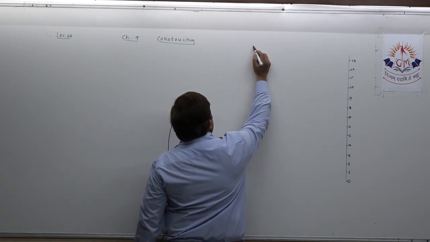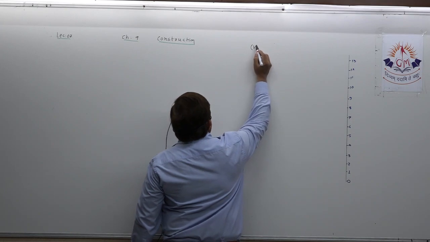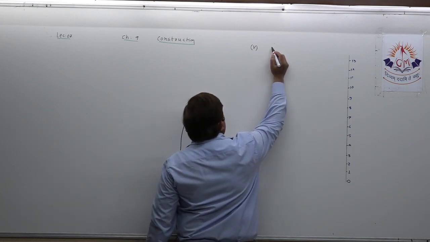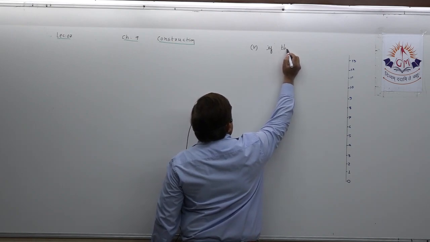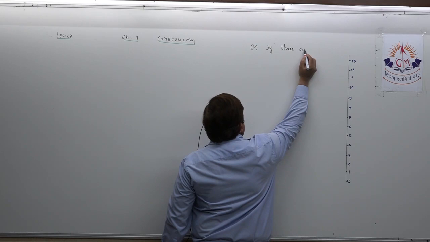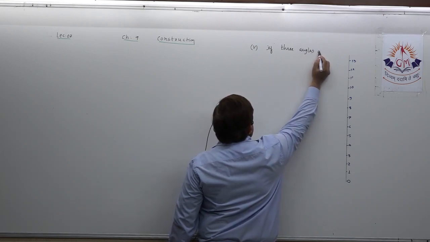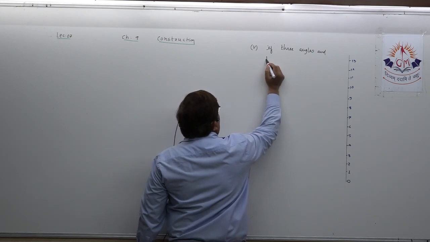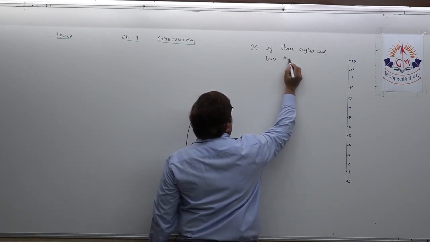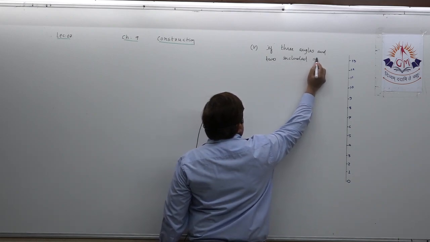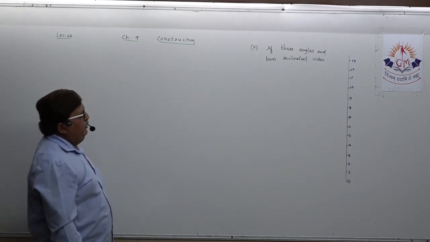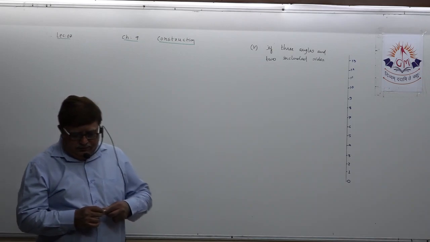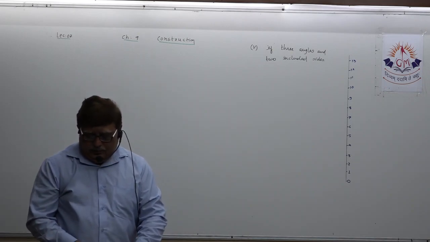Let me mention here the type of construction we are targeting: construction of a quadrilateral when three angles and two included sides are given. This type of construction we are going to target today.